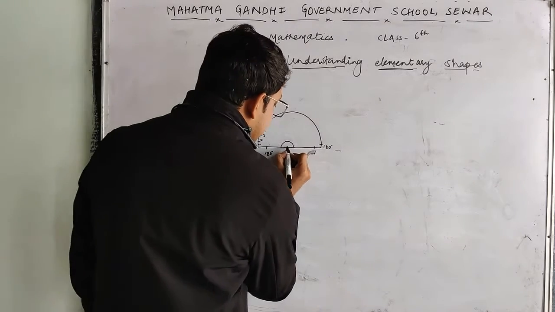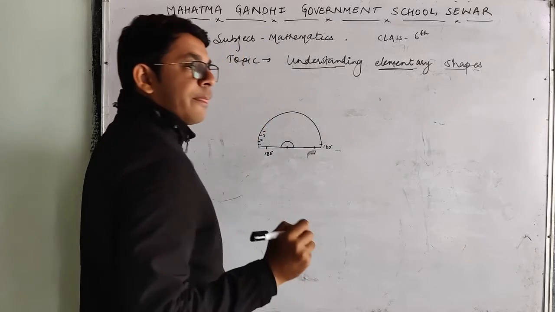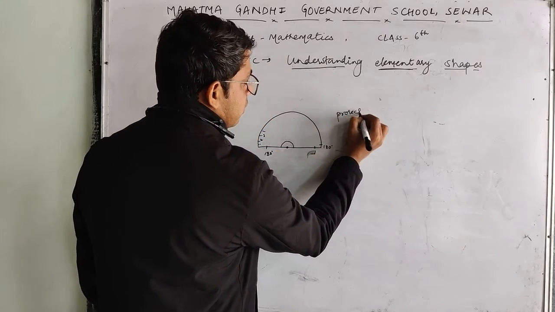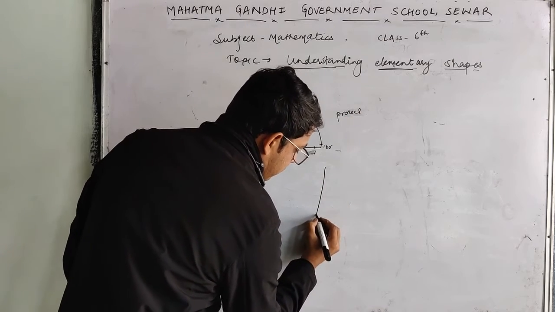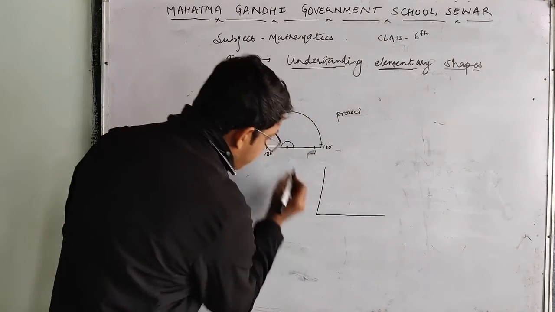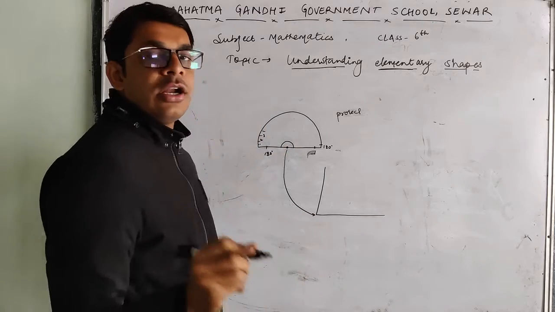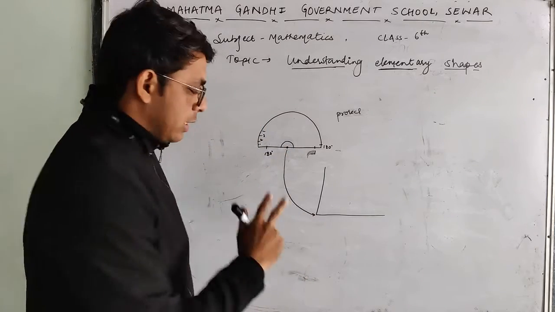We place this point, the middle of the protractor, at the junction of the two lines meeting.